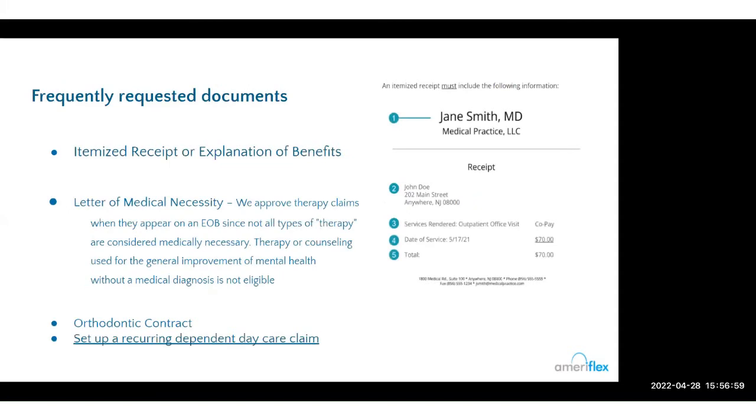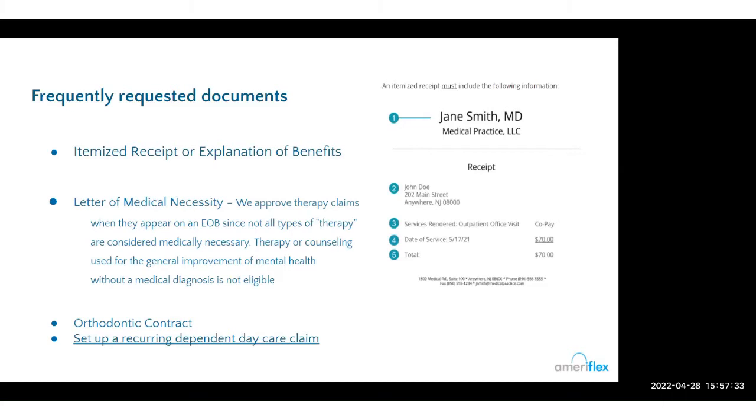Okay, on the next slide, we have some frequently requested documentation. I wanted to put an image on the right-hand side of an itemized receipt that shows all of the required information that would be needed to be sufficient documentation to verify your transaction: the provider's name, the participant or dependent receiving the service rendered, date of service, and the total amount charged.